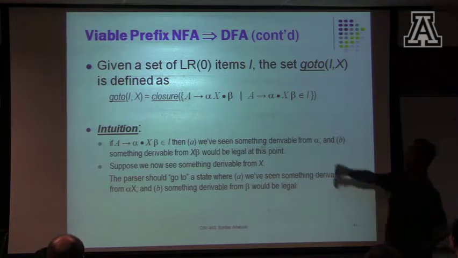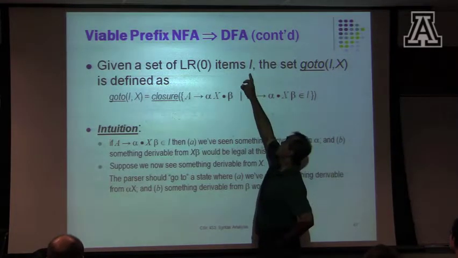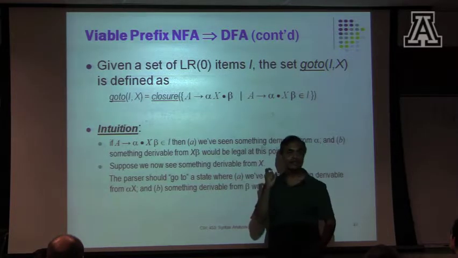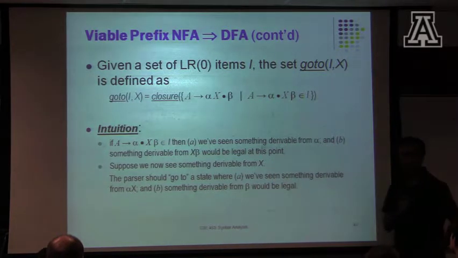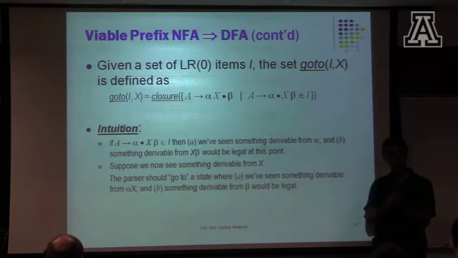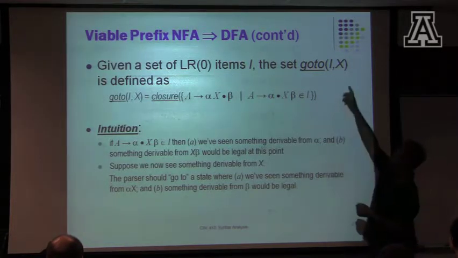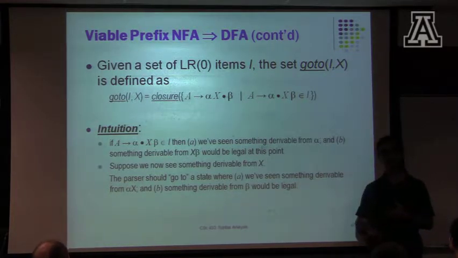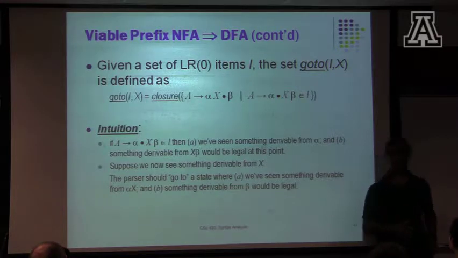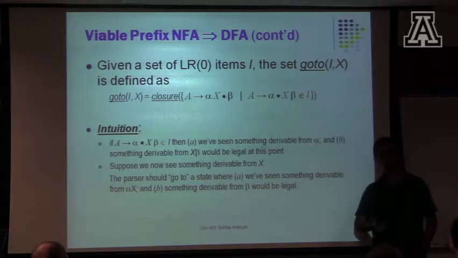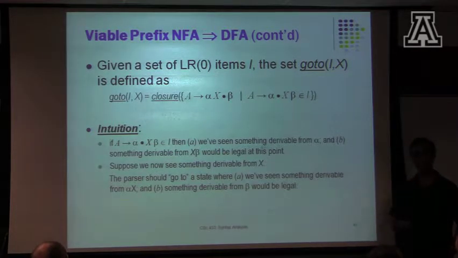Question: if the parser is in the state given by the set of items I, and this parser in this state now actually sees this grammar symbol, what state does it transition to? If X is a token, it makes sense to talk about the parser seeing the token in the input.